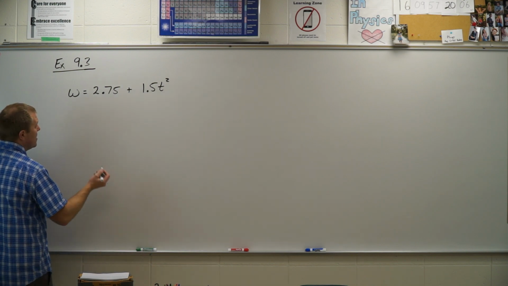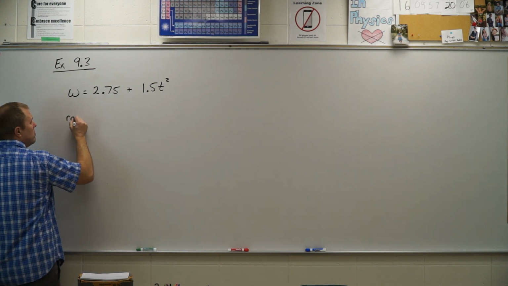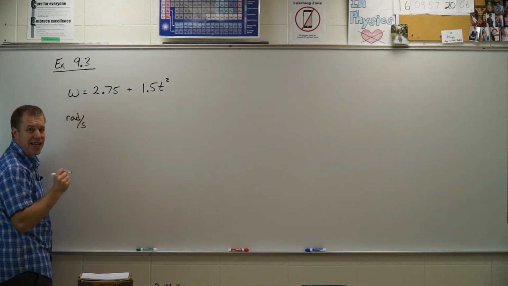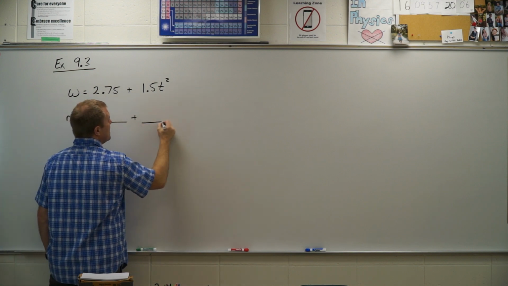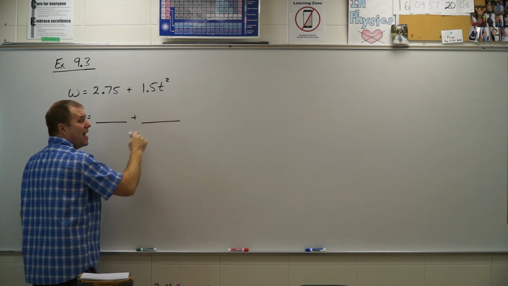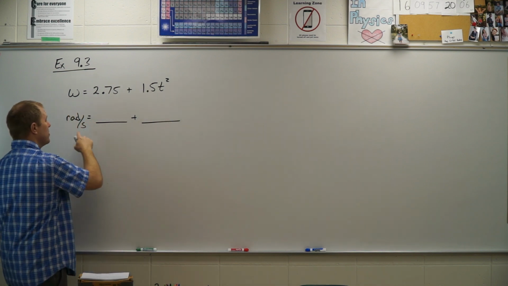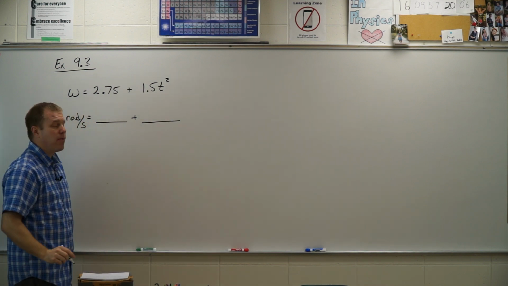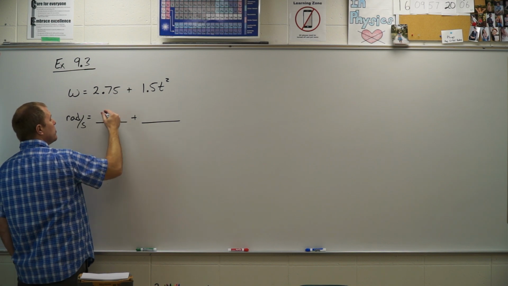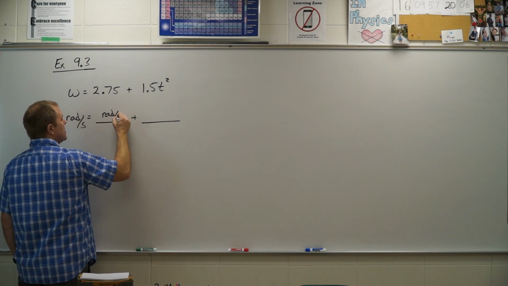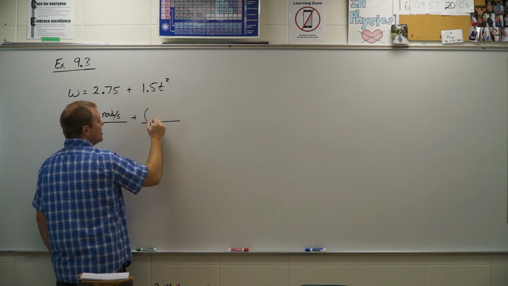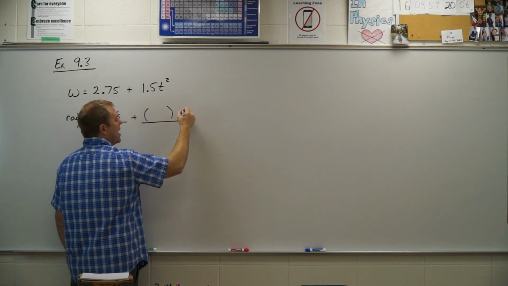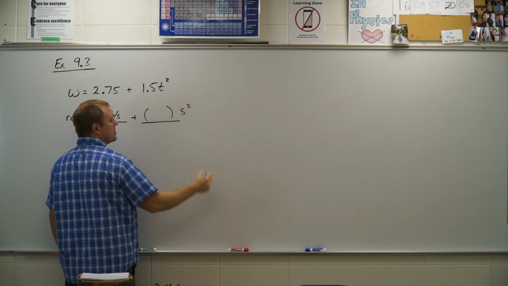So we just want to make sure we can find the units on these two coefficients. The idea here is I know that I want units in radians per second. So that means I'm going to have to do something plus something, meaning these two things have to be in radians per second in order to get radians per second out. And so this one is just radians per second. However, this is kind of a pair, meaning that there's something times time squared, and time is in seconds squared.